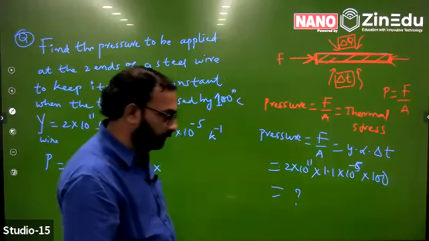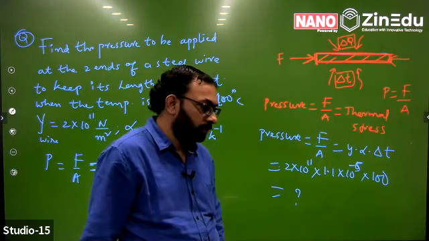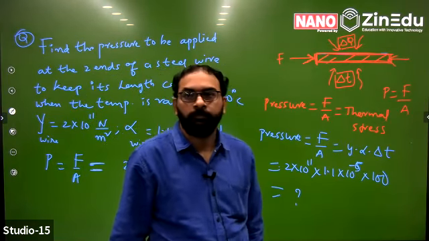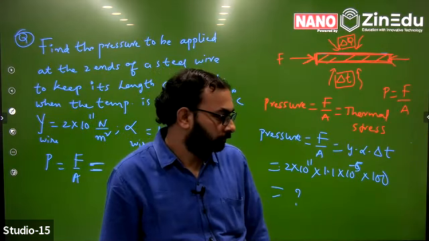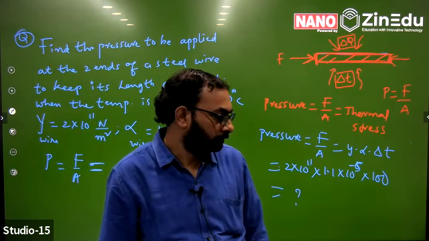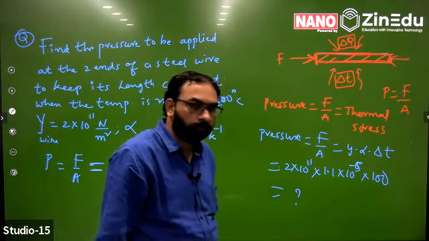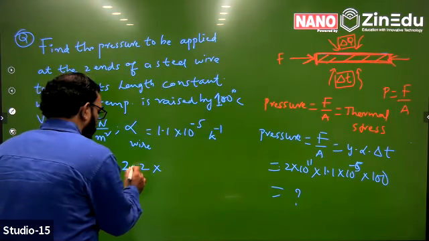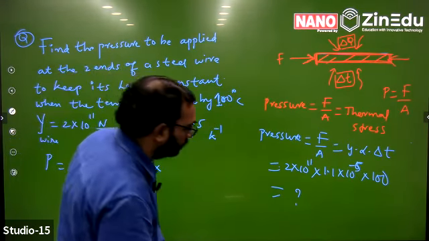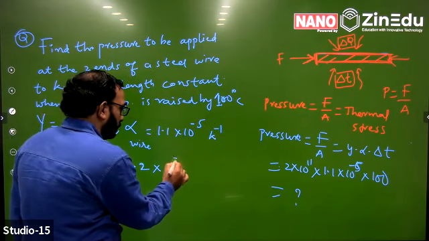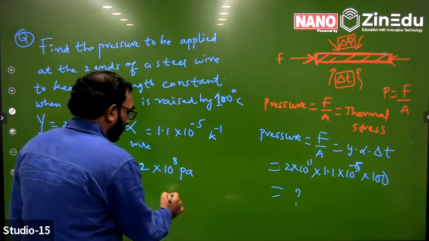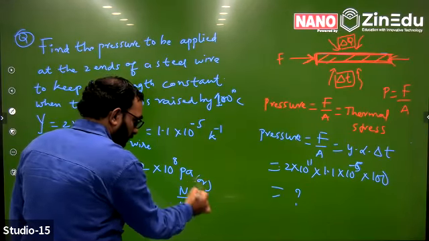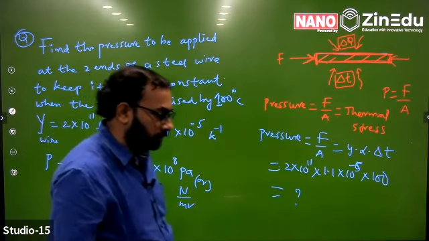So the answer is, got it? The answer is 2.2 into 10 to the power 8 Pascal, or Newton per meter square, whatever. Is it okay?